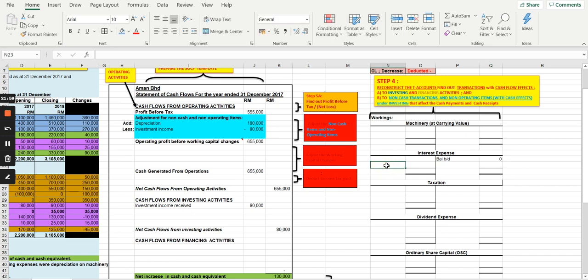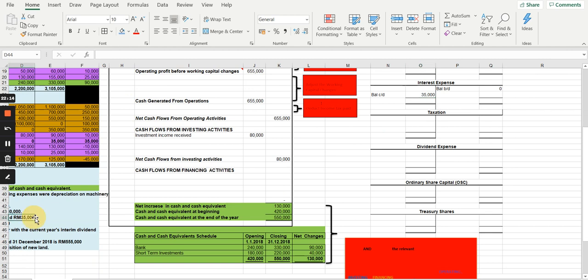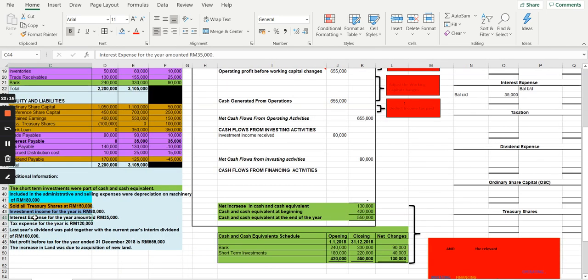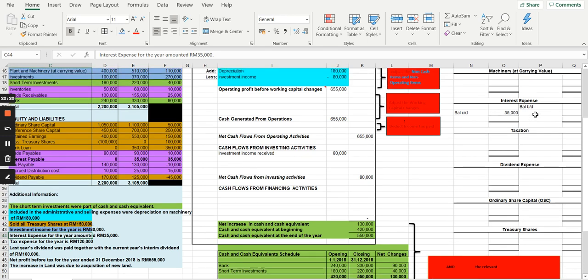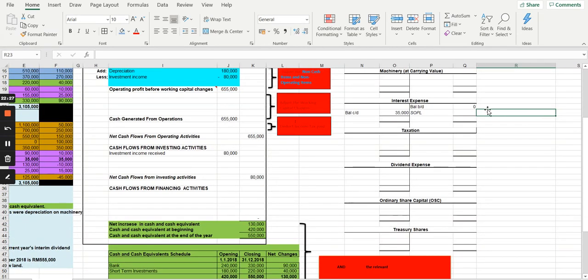And then put the balance carried down, which is 35,000. Now you are being informed that the interest expense for the year was 35,000. So the one that goes to the statement of profit or loss, SOPL as I call it, is 35,000.